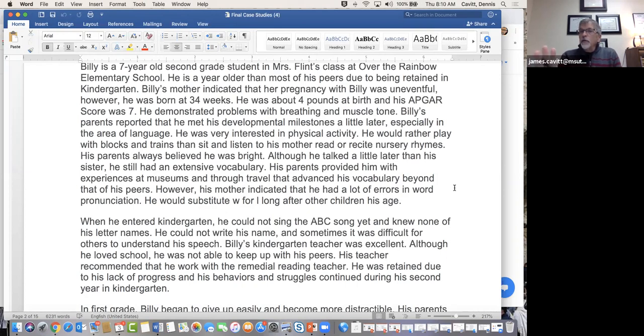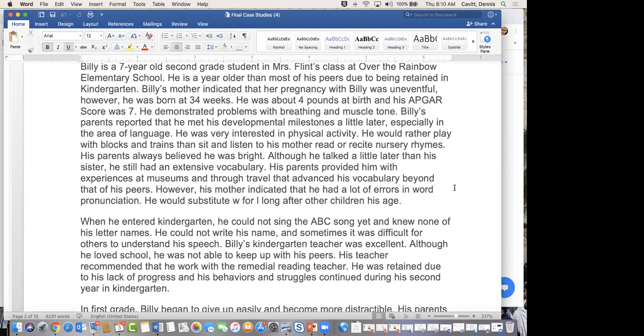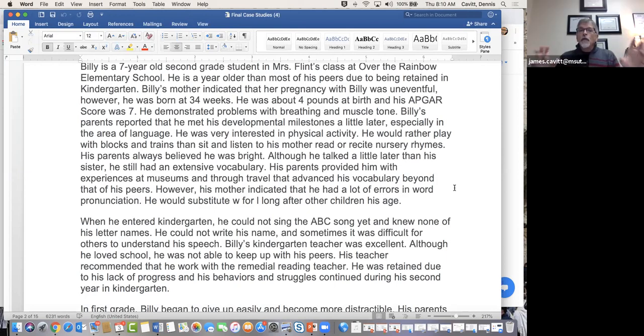That was very good. The letters, not knowing his letters, not knowing the sounds of his letters, those kinds of things. There are two different disabilities that those would go with: speech and then learning. Speech is not going to be the primary. Look at his age. He's 7 and he's in second grade, right?